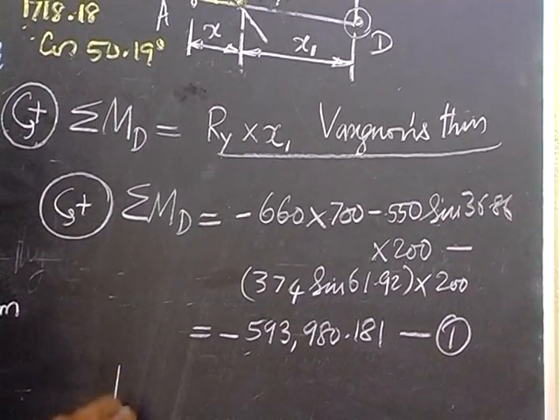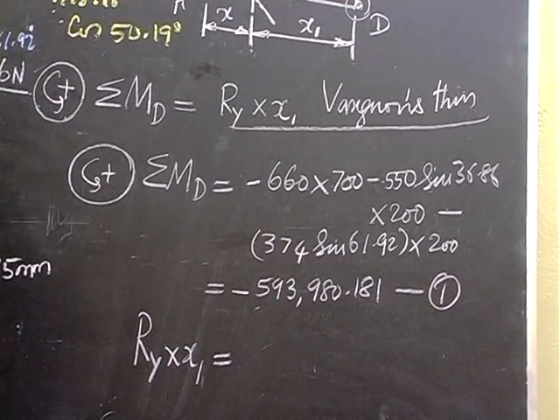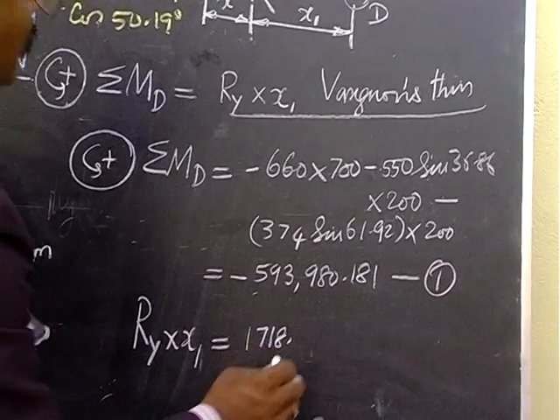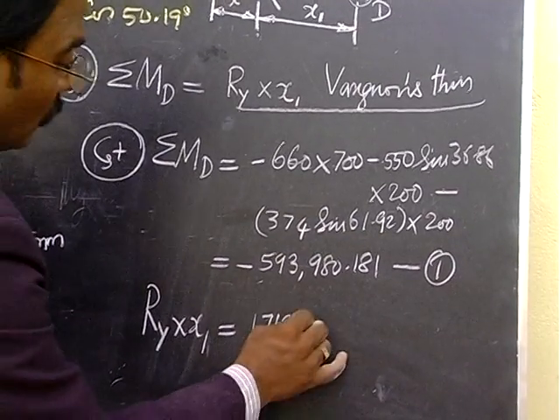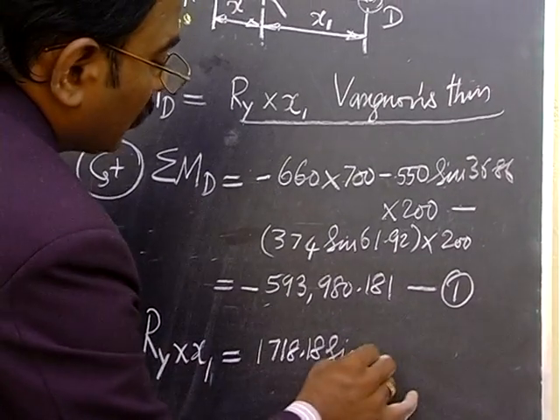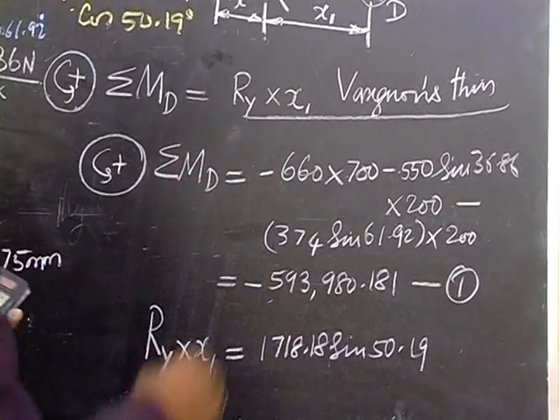Similarly for the Ry component multiplied by x1, Ry is 1718.18 of sine 50.19. So this gives a positive sign.